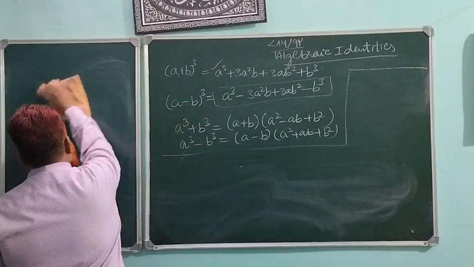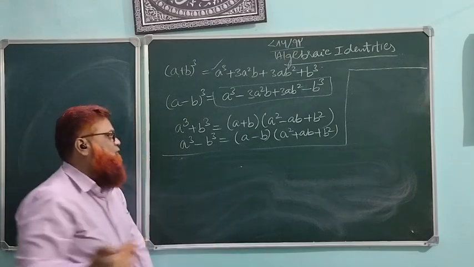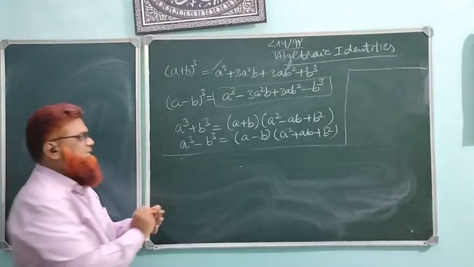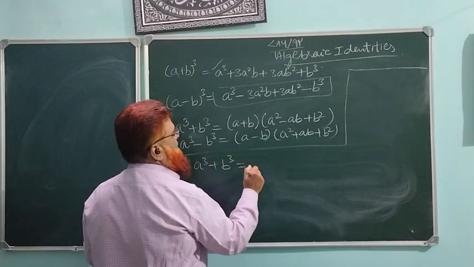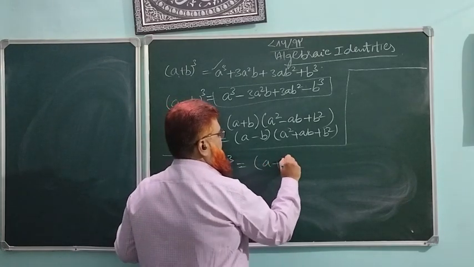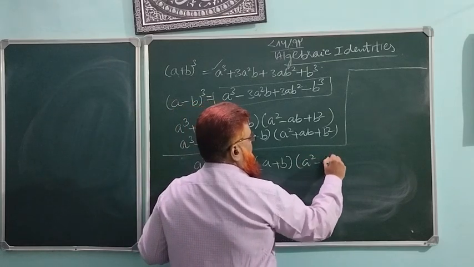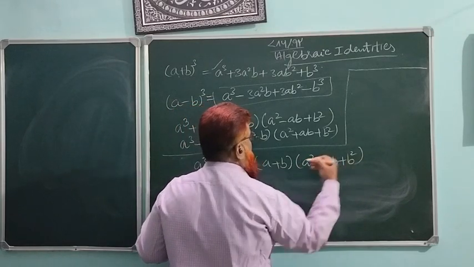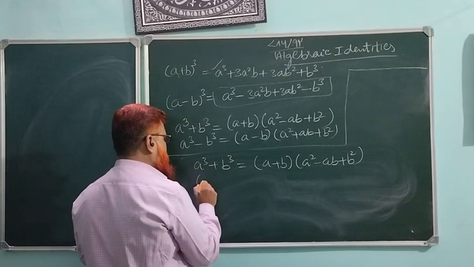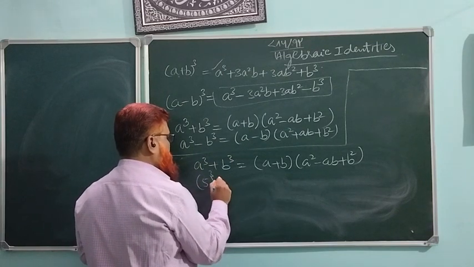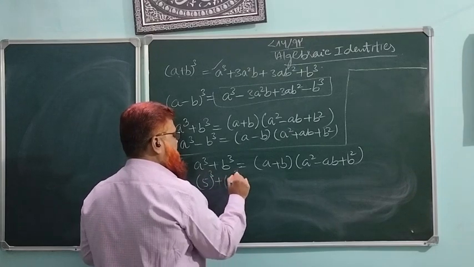Now here I am going to take different values, not 7 and 4. I'll take this identity: a cube plus b cube is equal to a plus b into a square minus ab plus b square. Let's take the value of a cube plus b cube, it is 5 whole cube plus 6 whole cube.